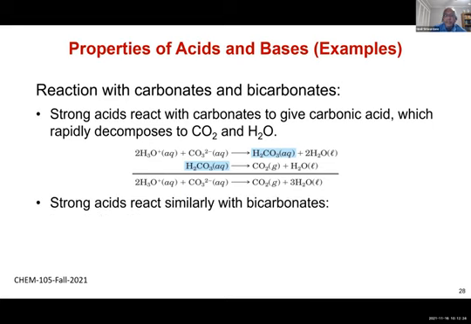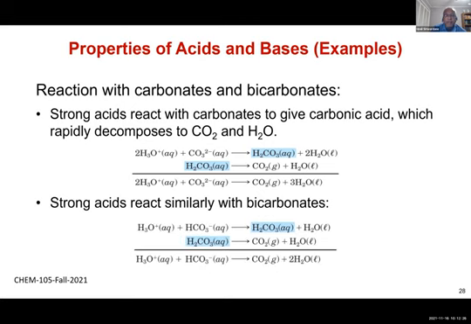Strong acid reacts similarly with bicarbonate. Bicarbonate goes to carbonic acid with acid, and carbonic acid breaks down to carbon dioxide. So acid reacts with carbonates and bicarbonates, producing carbon dioxide and water.